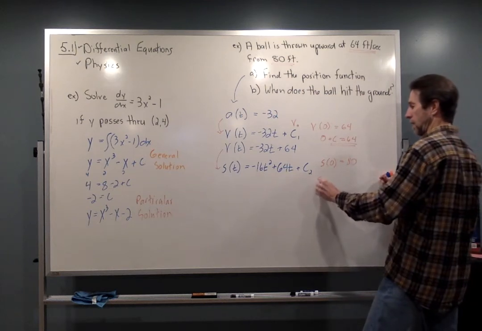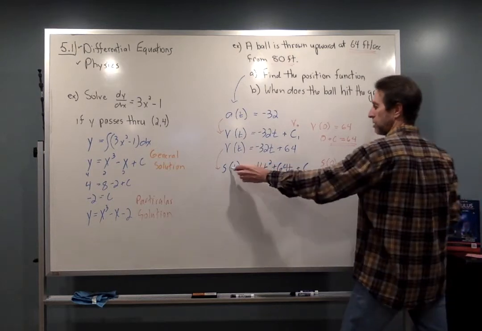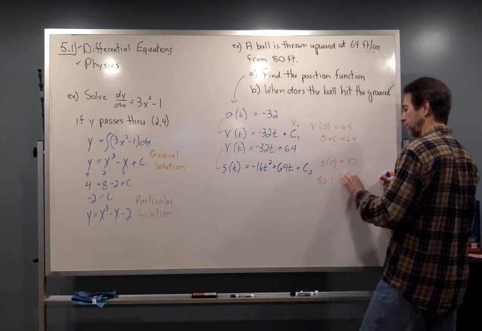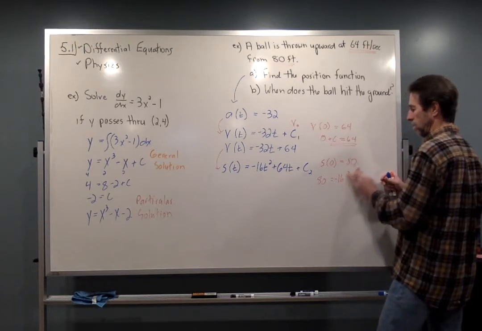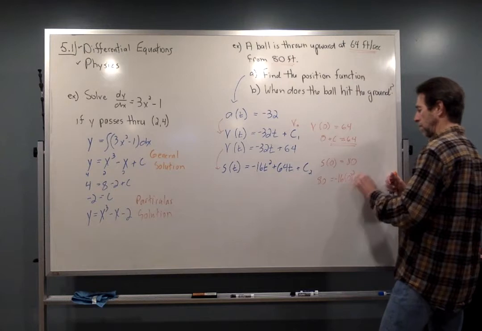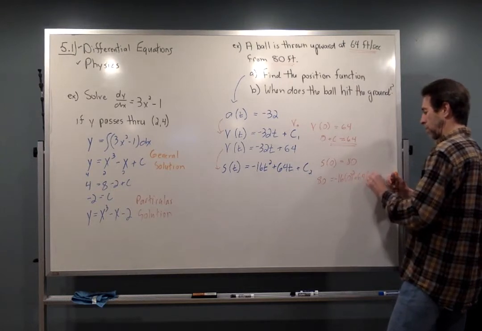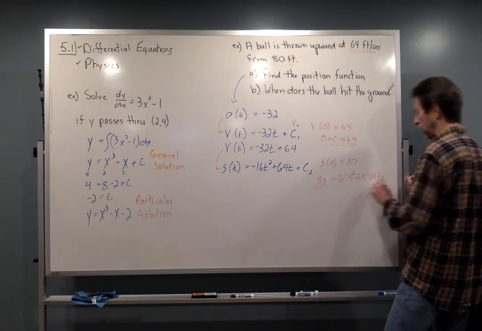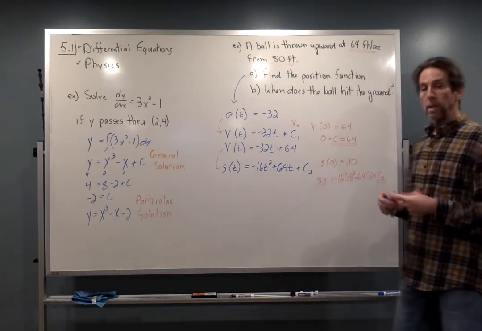I let 80, which is the s of 0, be negative 16 times 0 squared, plus 64 times 0, plus c2. So guess what c2 is? It's that initial height, which is going to be 80.